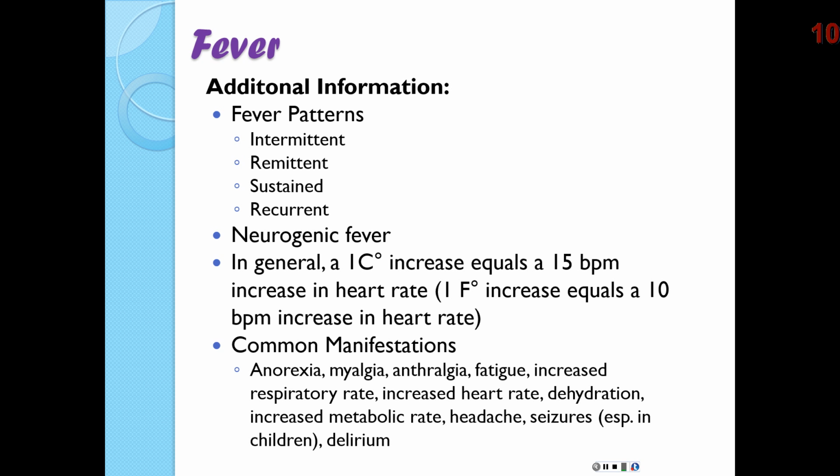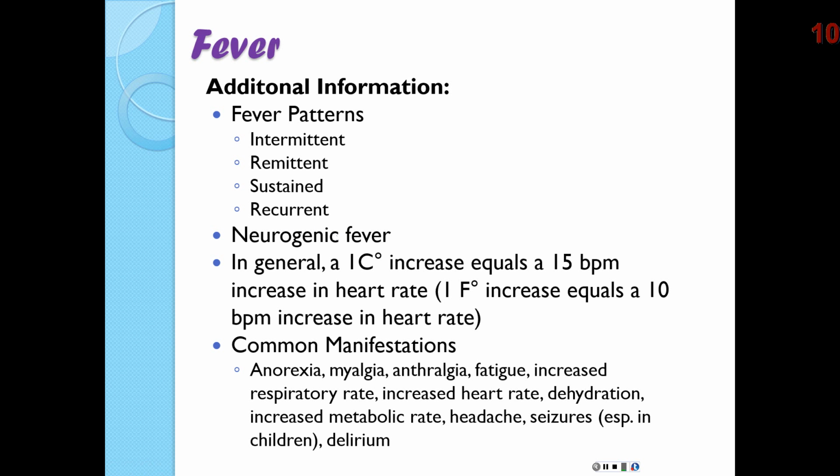So intermittent is within a day. Every day it comes back to normal and then goes back up again. That's intermittent. But recurrent is you'll have several days or a week of fever, maybe even longer. Then you'll have several days without any fever. You think you're better, and then it comes back again. That's particularly common in things like malaria, Lyme disease, and TB, which have a lot of recurrent fever.